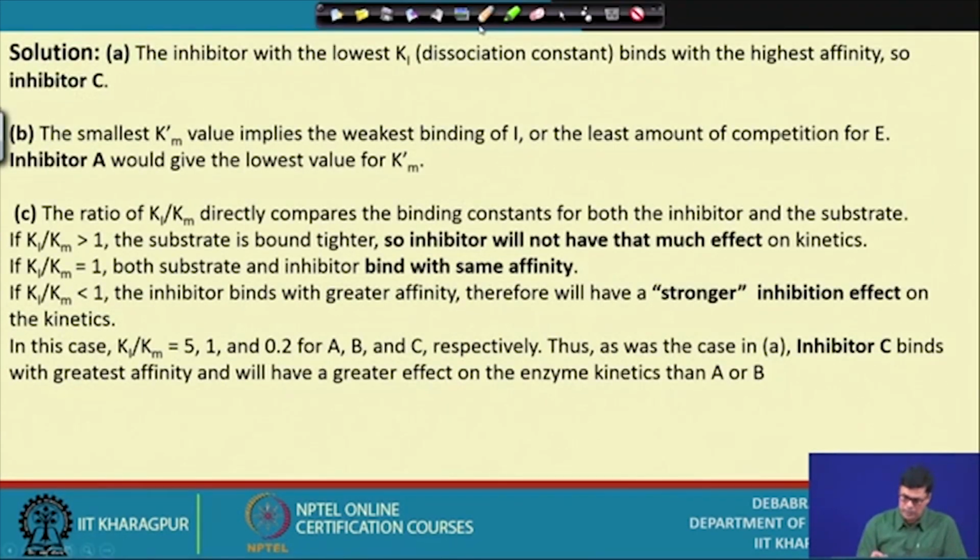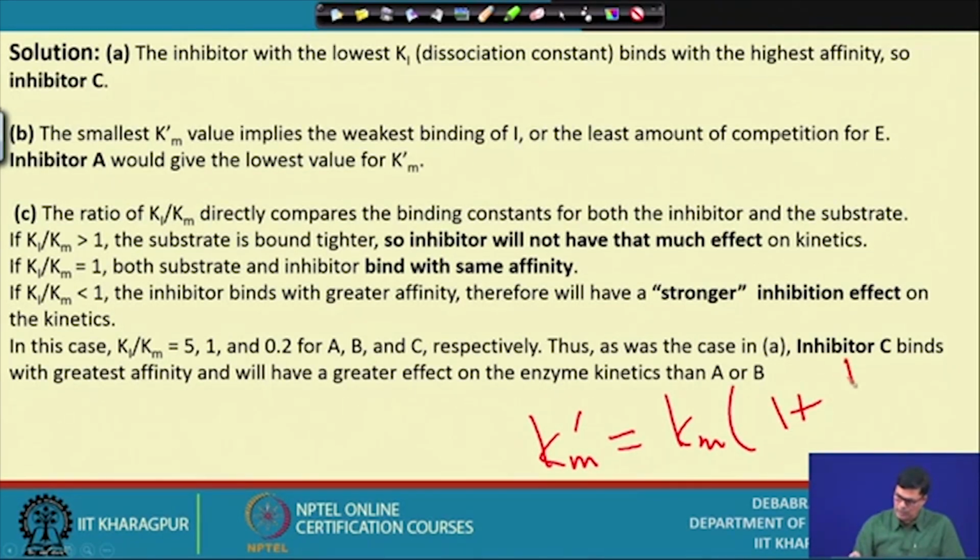Since it is competitive inhibition, again let me write: Km dash equals Km times, one plus I by Ki. Am I right? So, this is the equation that we have.